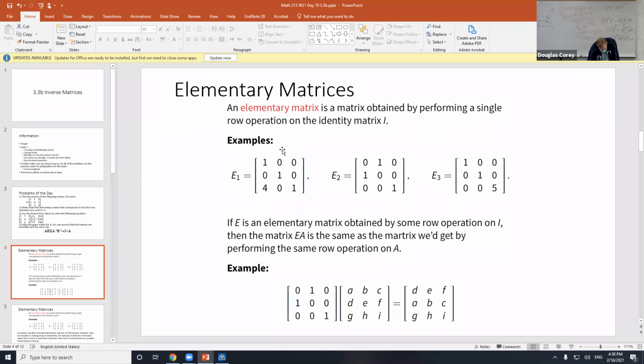Each of the row operations has a different kind of model. This E2 will change the order, swapping the order of the rows. This first one is adding a multiple of one row to another row. And the last row operation is multiplying one row by a non-zero constant. That's what E3 does there. That would multiply the third row by 5.